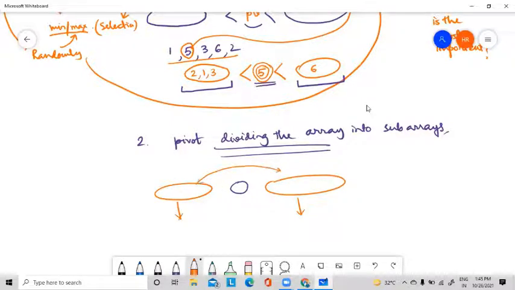They are not related. These elements will never be compared with those elements. The elements belonging to this subproblem will never be compared with the elements belonging to that subproblem. So we can run them independently, in parallel.